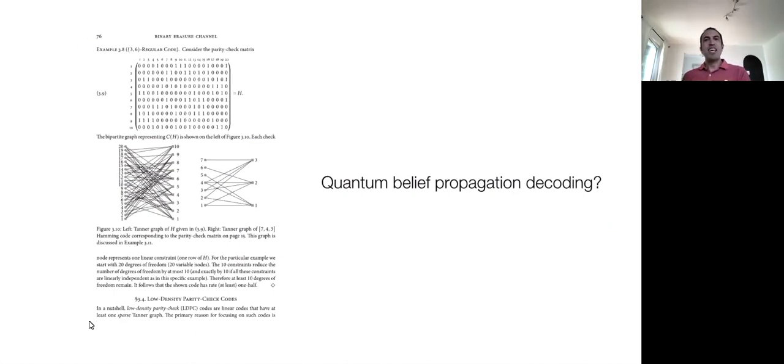The book is mainly about how you do belief propagation decoding of classical codes and why it works. So, going back to the picture of the cat around the graphical model, the specific question I want to address is, can we do quantum belief propagation decoding?